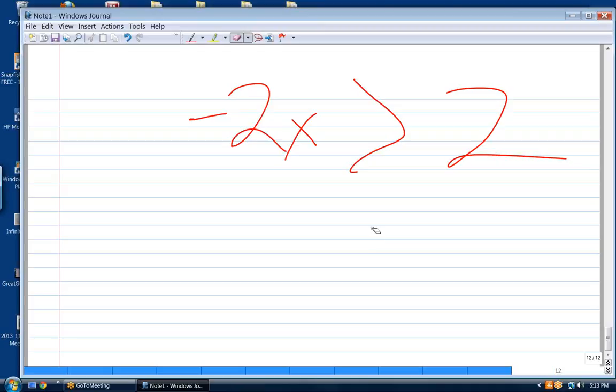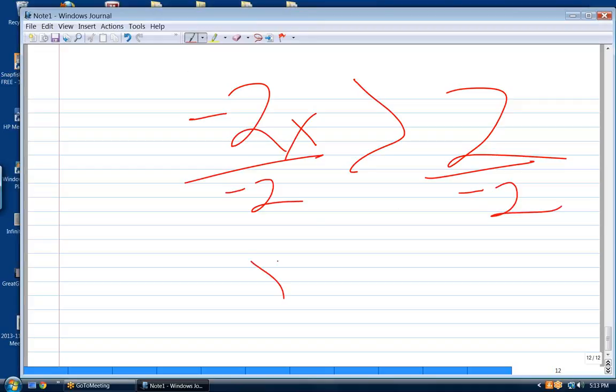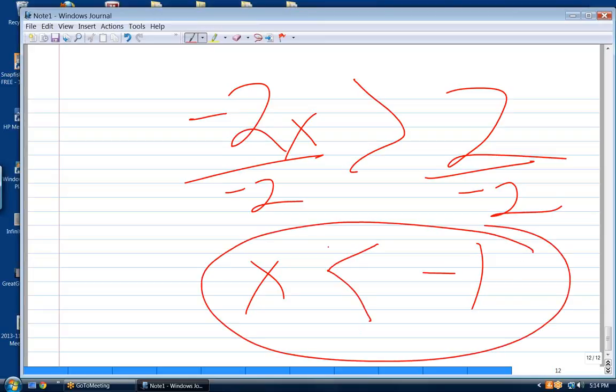So since I need to divide by -2, that makes x over there, makes -1 over there, and it turns that around. So that's really the only difference between solving linear inequalities and equations, is making sure that you always keep an eye out whenever you're dividing or multiplying by a negative number.